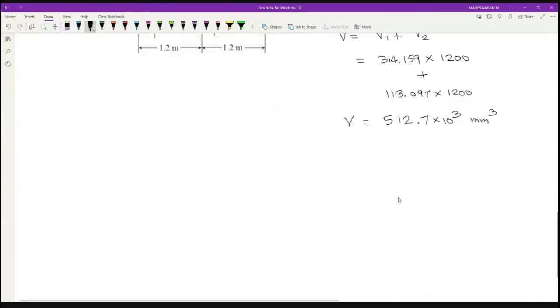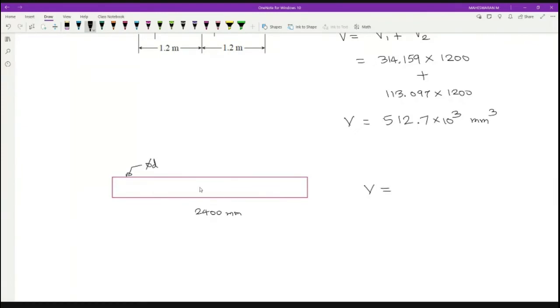Now the volume is the same, they mentioned, so let me consider a rectangle now. This is my rectangle, and the rectangle length is already known, which is 2.4 meter, which is 2400 mm. The diameter I want to identify. The volume is the same as the previous one. What is the volume formula for this? V is equal to area into length.